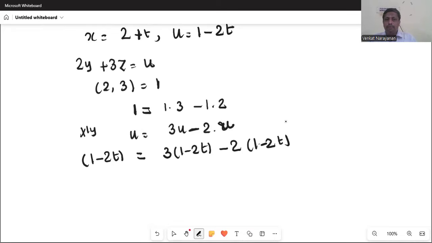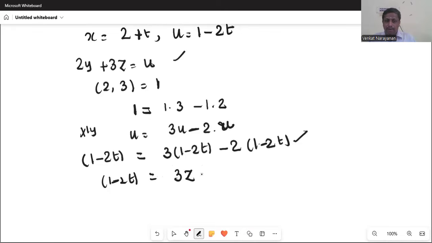Now, we can find the initial solution by comparing these two equations. What is your answer? We can write this as 1 minus 2t equal to 2y plus 3z.